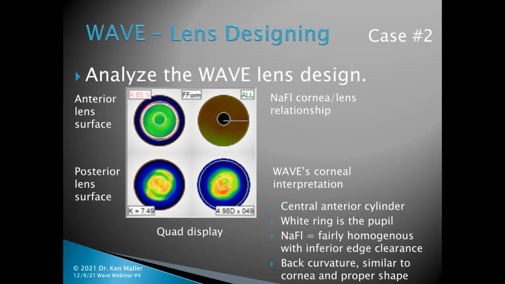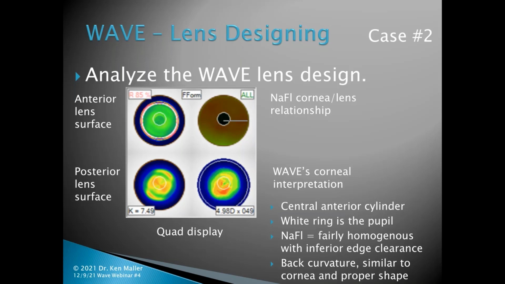Around that is the yellow on both of those screens. Around that is the green, and you can see the green is almost the same size in terms of dimension as what's going on the right. And then outside of that, we have the blue down to the black. So we do have a very, very similar relationship between the lower left back curvature map that we've just generated for this lens design, and the lower right, which is Wave's corneal interpretation.